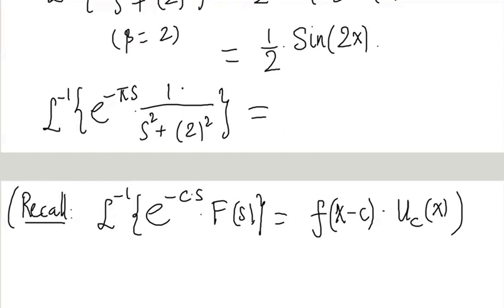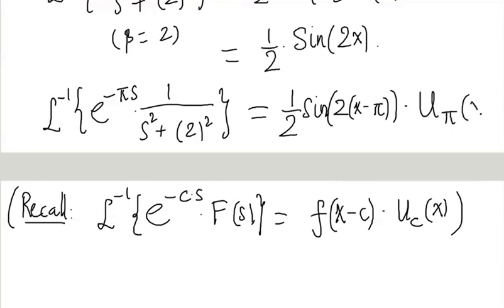And we know that the inverse Laplace transform of this fraction is a half sine of 2x. So we need to shift x here by x minus c, which is pi, and then multiply by u pi of x.